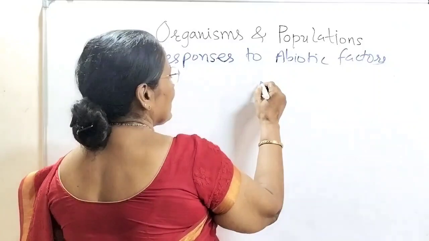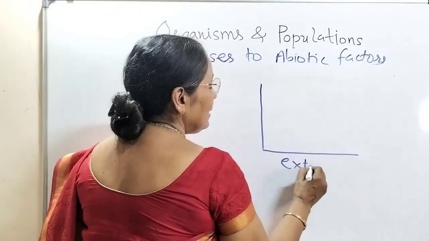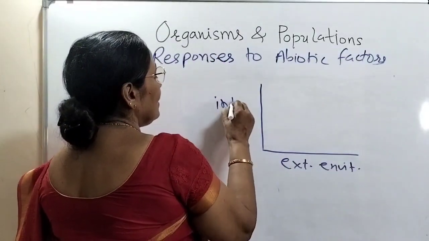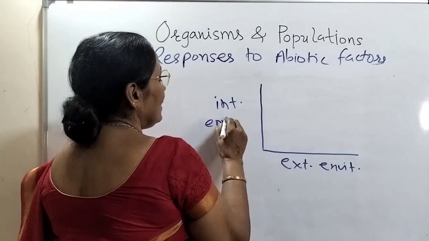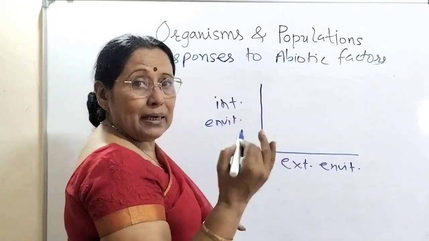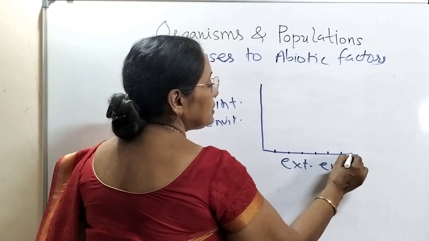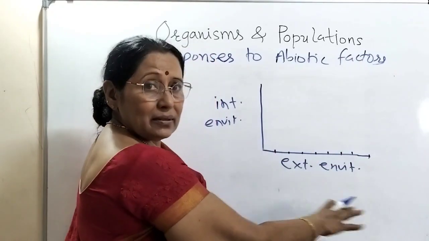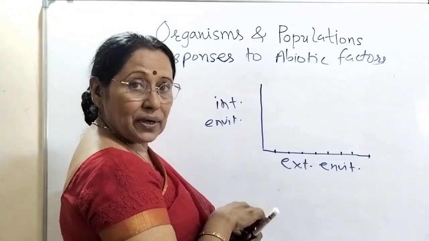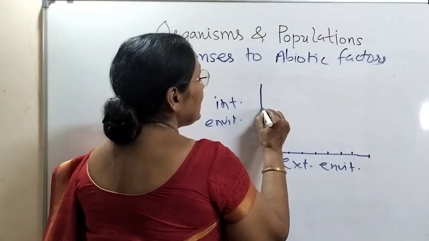Now look, this is the graph. This is the external environment or external level. This is the internal environment or internal level. Now, if the external environment temperature keeps increasing, 5, 10, 15, 20, 25, 30, 35, 40, there are some organisms which you have studied already, the regulators, which can regulate.